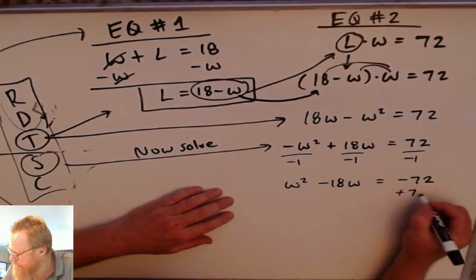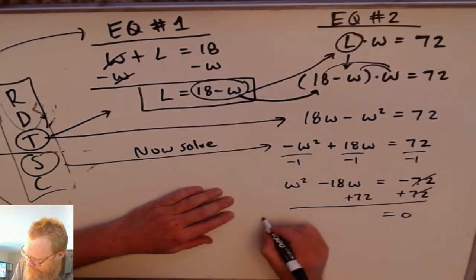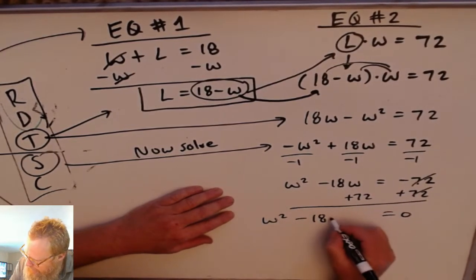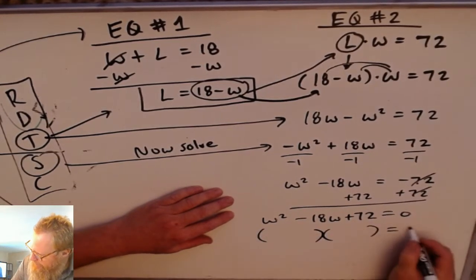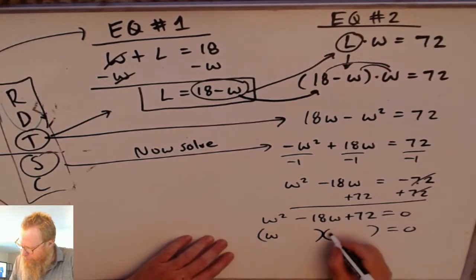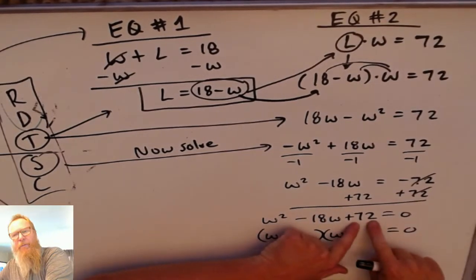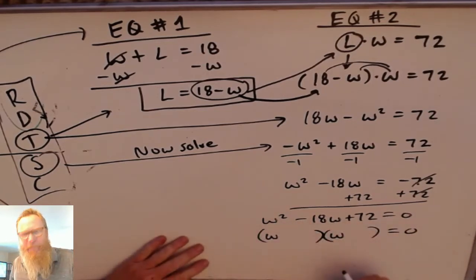This is like basic math, algebra 1. W squared minus 18W plus 72. This is what I refer to as old-fashioned factoring or old-school factoring. Two numbers that multiply to be 72 but add to be 18.